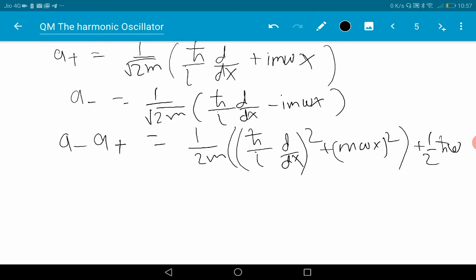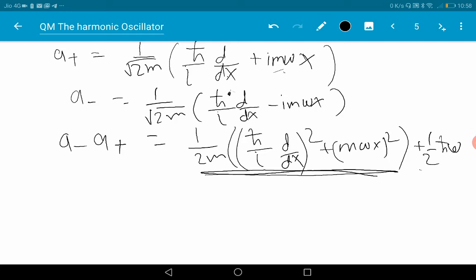This one into this one gives this, and the cross multiplication gives basically this. You can cross-check if you want. But what is this? This is the same thing as in the Schrodinger equation which we rewrote.